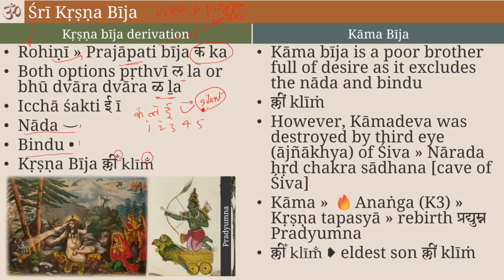And Kamadeva is basically the Devata associated with Swadhisthana. So this is Swadhisthana chakra, which is Jala chakra, and from there this water is going up and down and is disturbing all the chakras. It is disturbing Prithvi.